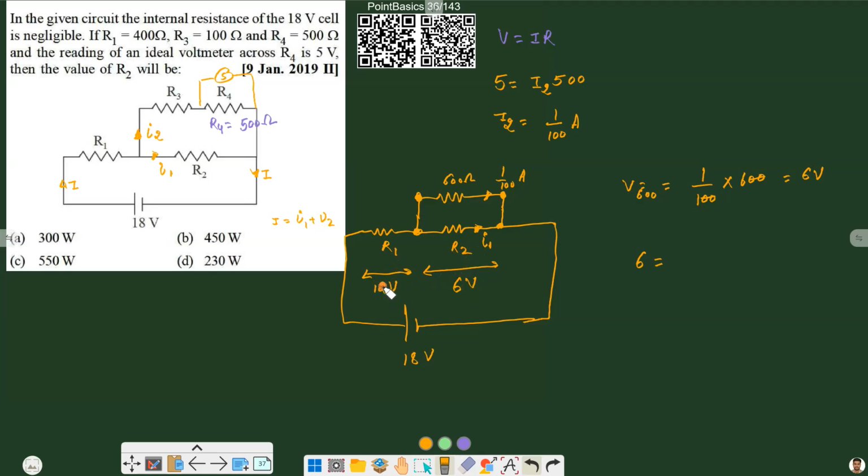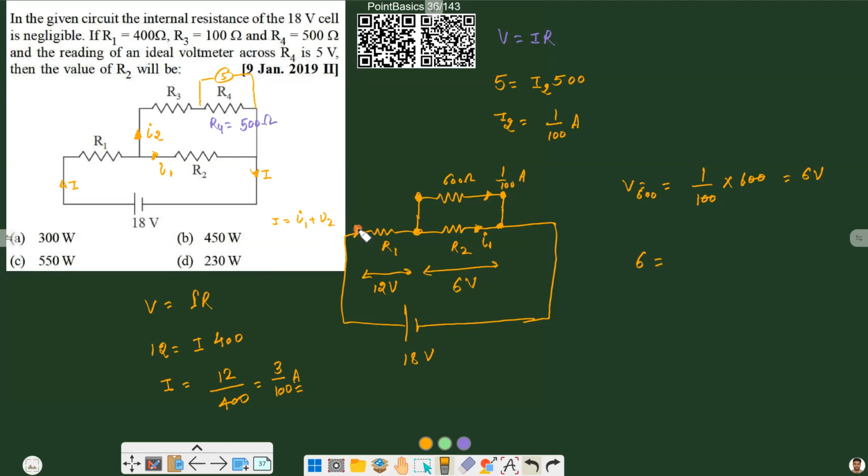Now if 12 volt is dropping across R1, then V is equal to IR will hold true for R1. The potential here is 12, the current we don't know, and the value of R1 is 400. So I is equal to 12 by 400, or 3 by 100 ampere.